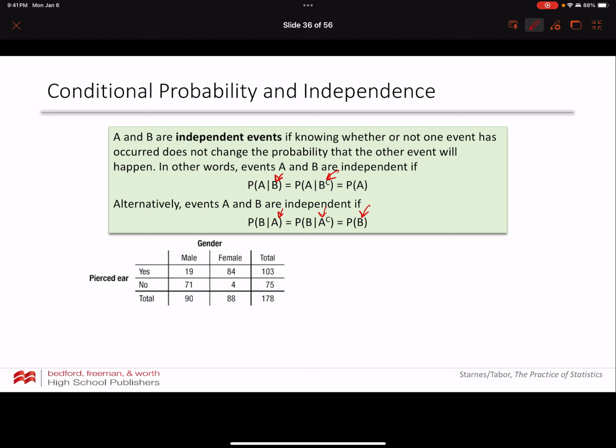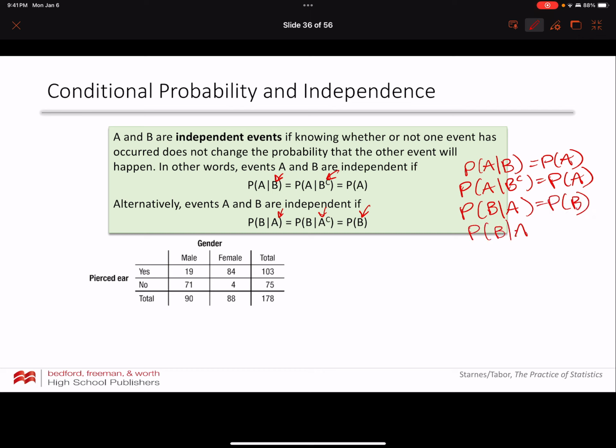If A and B are independent, probability of A given B has to be equal to the probability of A. The probability of A given B complement has to be equal to the probability of A. The probability of B given A has to be equal to the probability of B. And the probability of B given A complement has to be equal to the probability of B. So if A and B are independent, all 4 of those things are true. Okay?